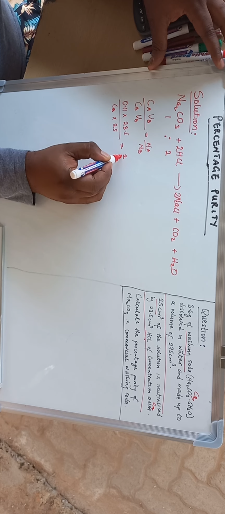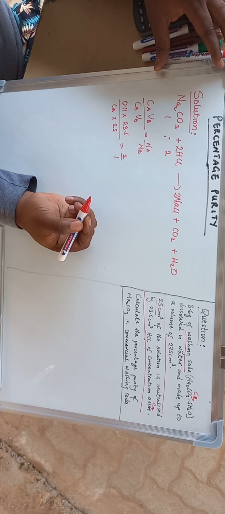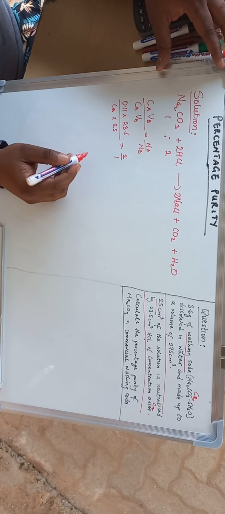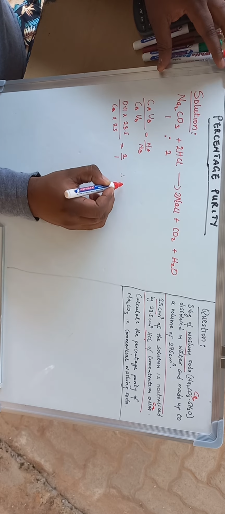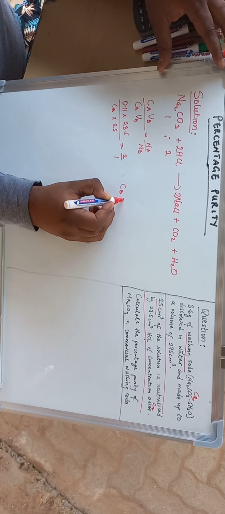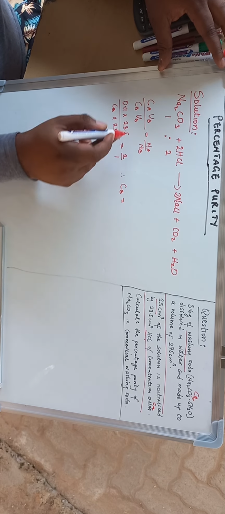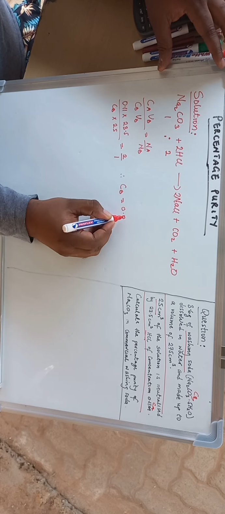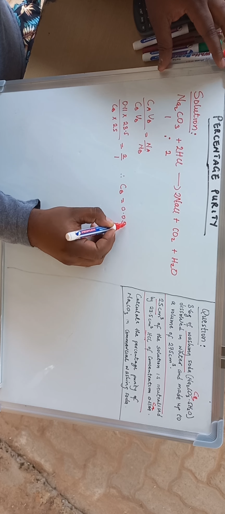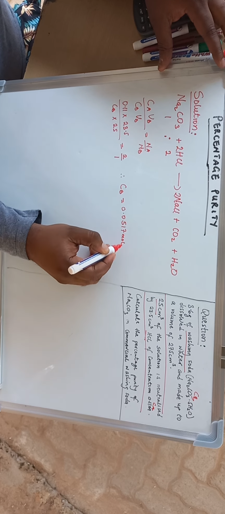Then the ratio of the acid to base is this to this. If we cross multiply and divide, you will find that the concentration of the base will be 0.0517 moles per dm cube.